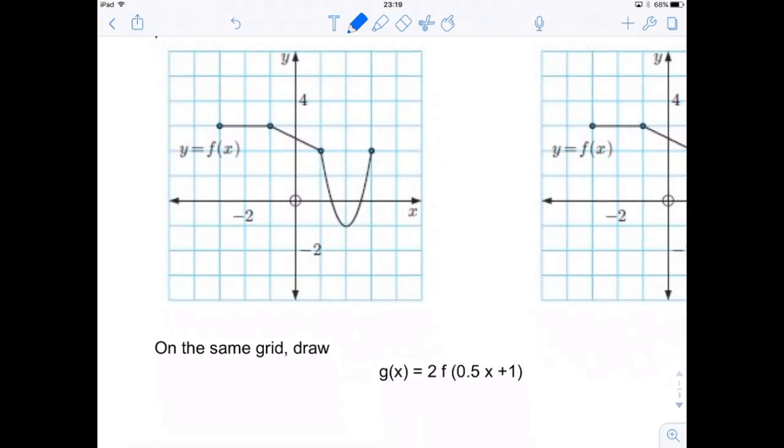So the equation looks like this, and whenever we want to interpret a transformation, I like to put it in this form here.